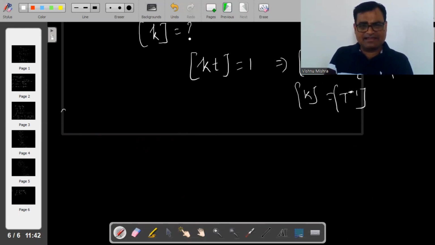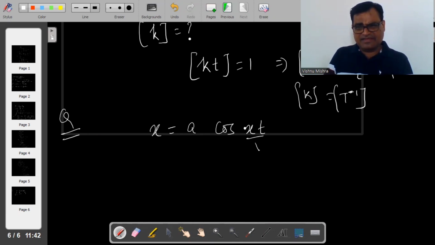Again, I can write another question here. The question is x is equal to A cos xt by V. Here x is in meter, A is also in meter. ये acceleration नहीं है, बार बार बोल रहा हूँ.